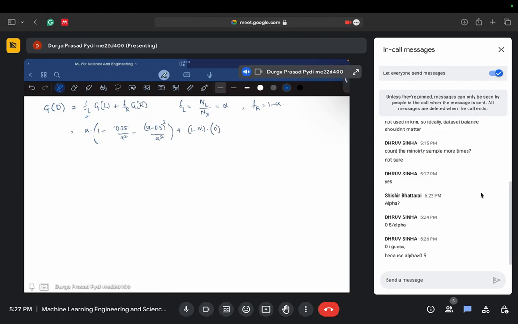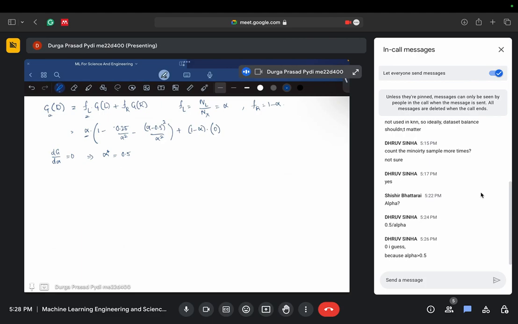Now what we have to do is optimize this. Essentially we need to find the alpha that will minimize this. All you have to do is set dG by d alpha equal to 0, and from this you will find an alpha value that will be the optimal value. I am not doing this derivation here, but you can check. If alpha equals 0.5, you will have this value to be 0.